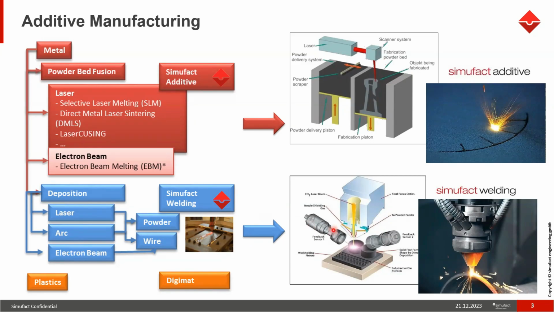It might be done by robots, with layer by layer deposition, and there might be trajectories of these robots to build a particular profile. All these things we can feed into the software, and we can simulate such deposition methods. So this is a brief overview of what is possible in the Simufact additive manufacturing modules.